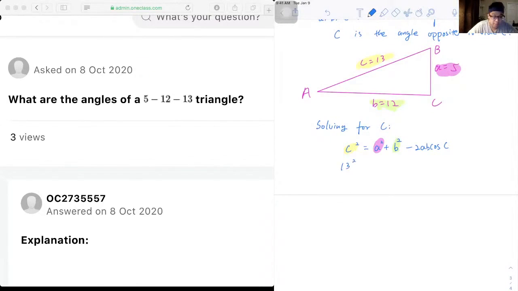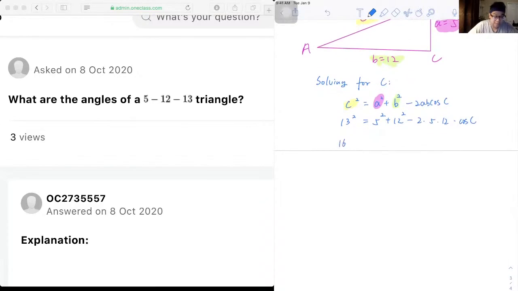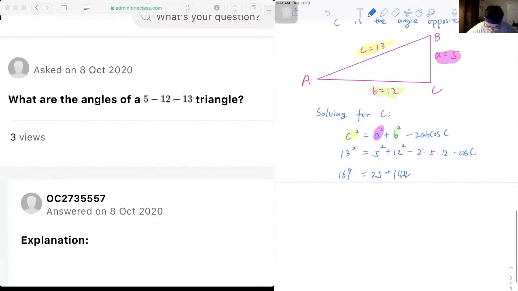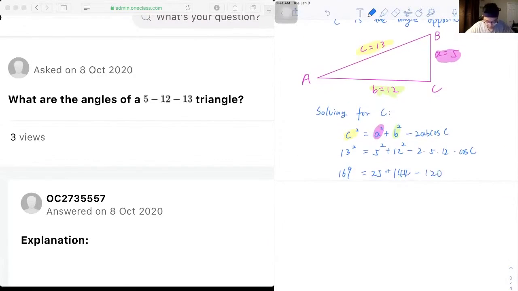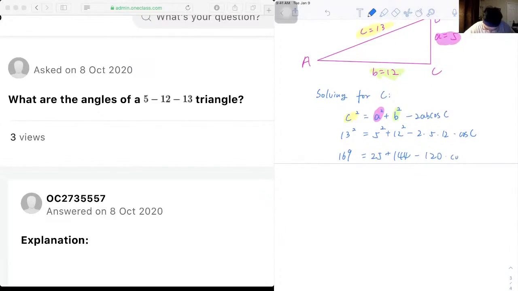So we get 13 squared is equal to 5 squared plus 12 squared minus 2 times 5 times 12 times cosine C. 13 squared is 169, 5 times 5 is 25, 12 times 12 is 144, and 2 times 5 times 12 is 120, times cosine C.